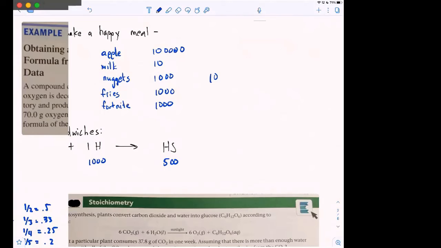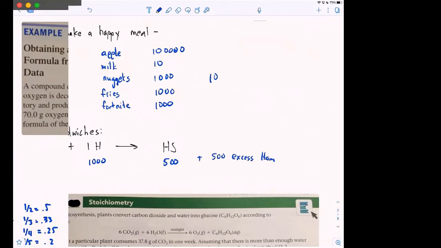So you have to keep that into consideration as well when you're doing these, is that sometimes you have ratios of reactants to form a product. Of course, we have 500 ham sandwiches, but we will also have 500 excess ham slices. So I'm going to have excess in that regard.